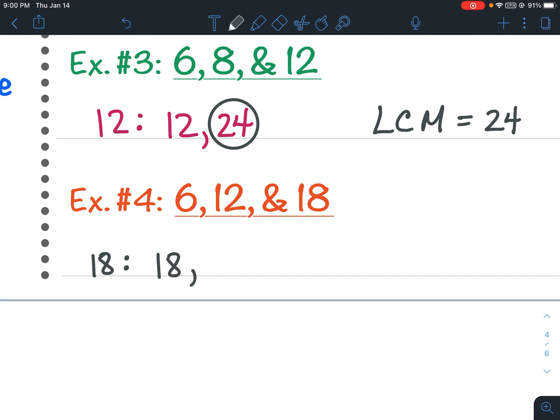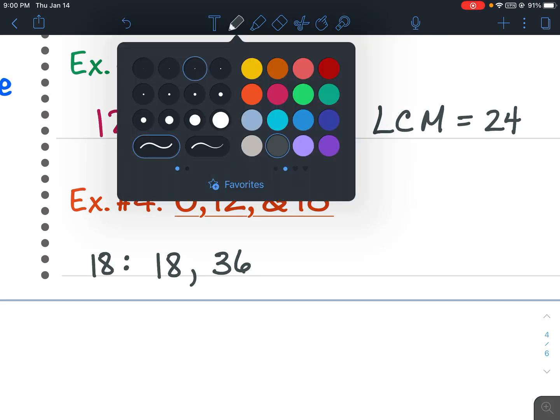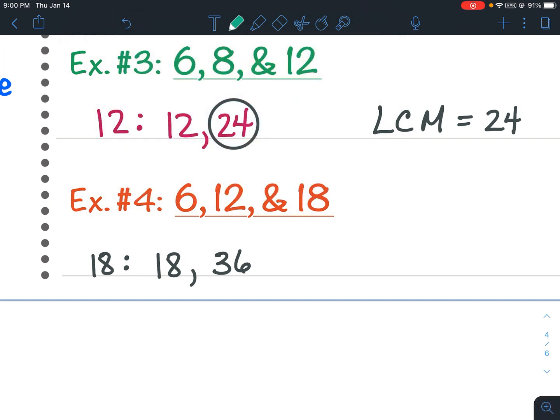So the next multiple of 18, this is where you might need to use a calculator here, but 18 times 2 is 36. Does 6 go into 36? Yes, it does. 6 times 6 is 36. Does 12 go into 36? Yes, it does. 12 times 3 is 36. Therefore, our LCM is 36.